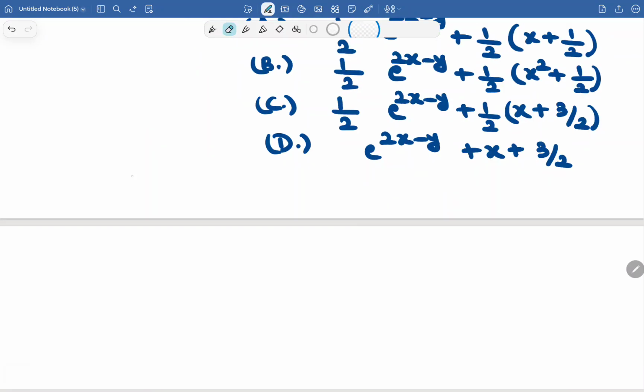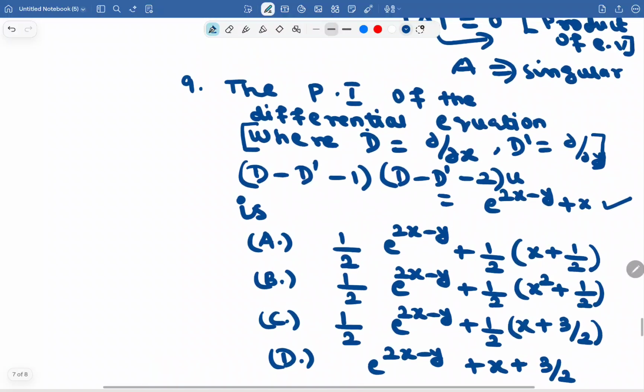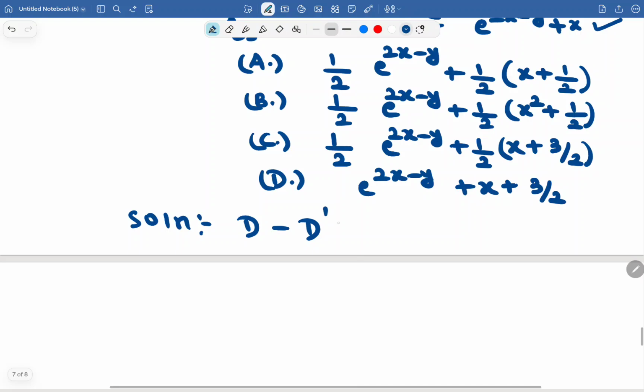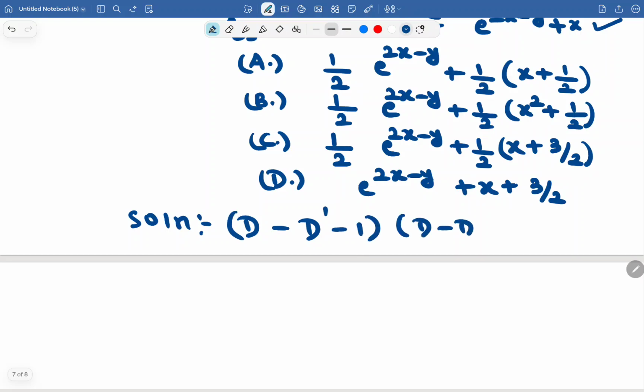What is the solution? What is given? (D − D' − 1)(D − D' − 2) of u equals e^(2x−y) + x.